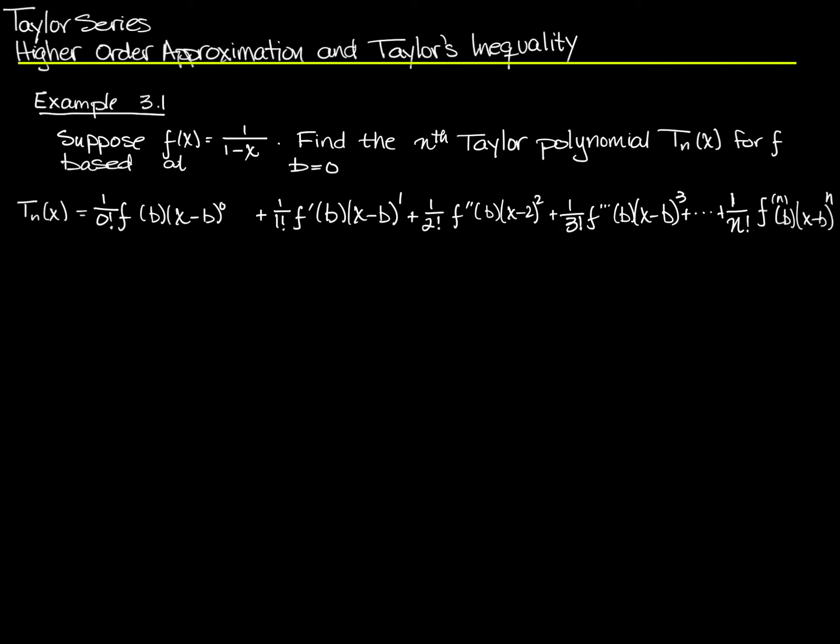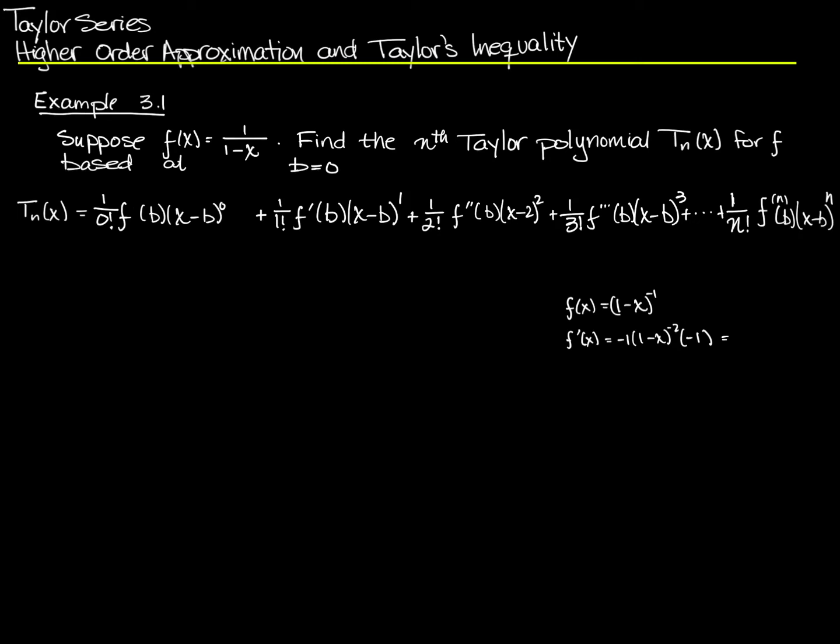That might be enough, it might not, we'll see. I'll start by writing f of x as 1 minus x to the power of negative 1, because I think that's easier to differentiate than a quotient. Then f prime of x is going to be negative 1 times 1 minus x to the negative 2, using the chain rule, times negative 1. And that is positive 1. Actually, here's what I'm going to do here. I'm going to move all of this over.